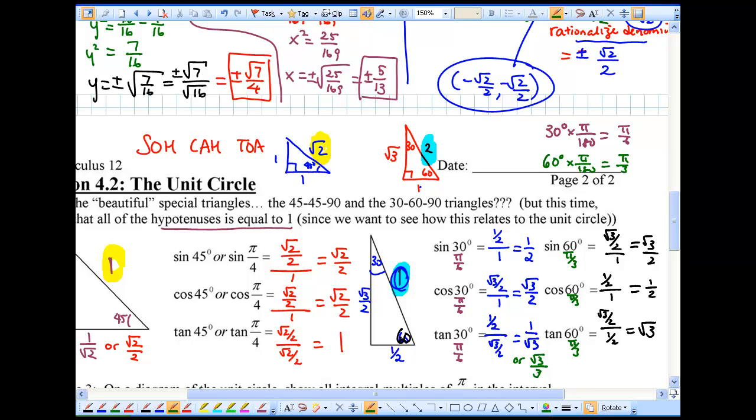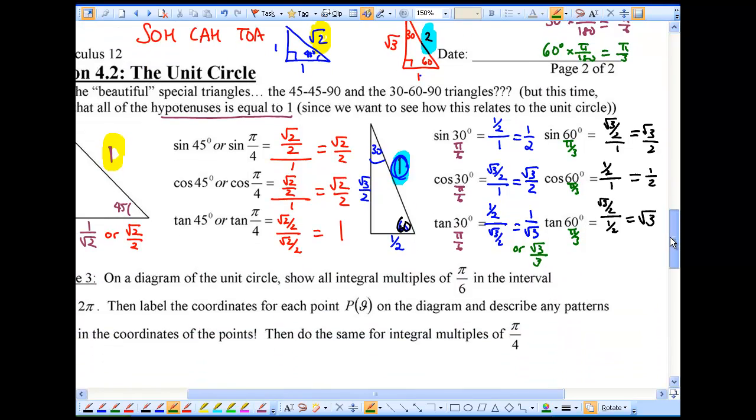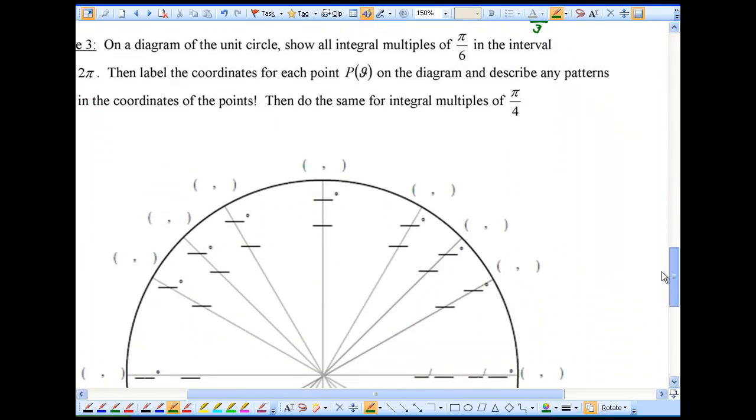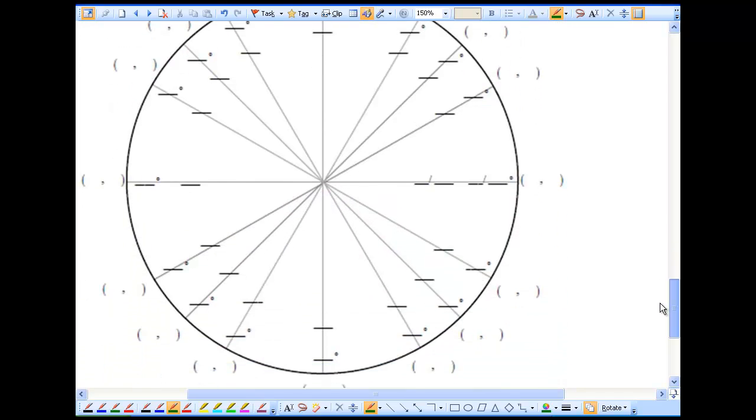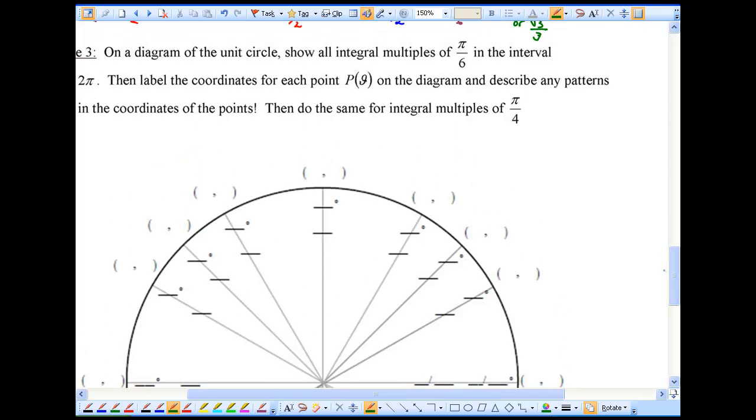You're thinking, Mr. Lee, why do we do all this? What's the point? Well, in example number 3, you'll get the point. I want you to fill in this whole diagram of the unit circle. We're looking also at the special angles. So it says, on a diagram of the unit circle, show all the integral multiples of pi over 6 in the interval between 0 and 2 pi.